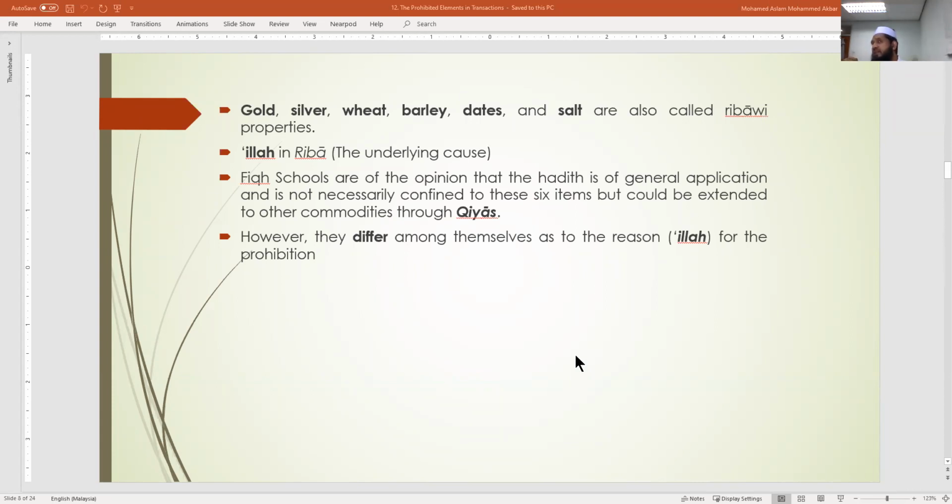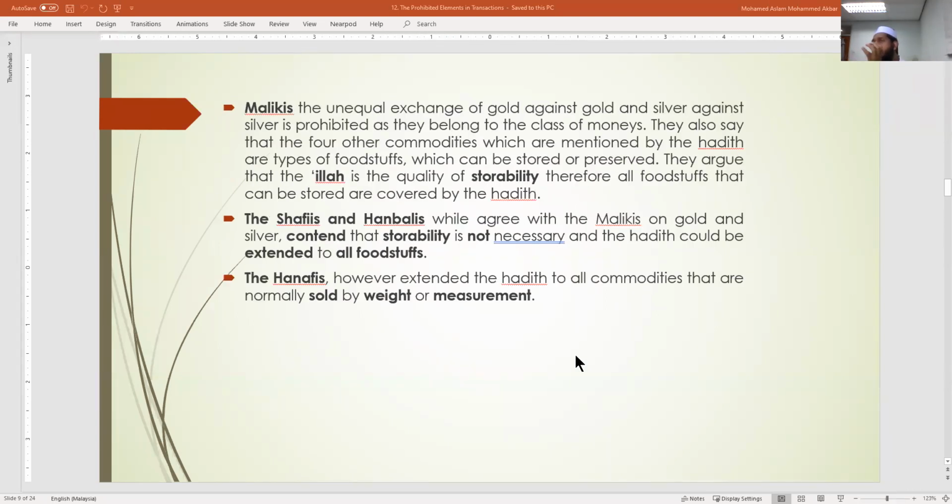First of all, according to Maliki, the Prophet ﷺ talks about gold and silver because these two belong to the class of money, dinars and dirhams. And for the other four commodities, the reason is the quality of storability. You can store dates, salt, wheat, and barley, right?